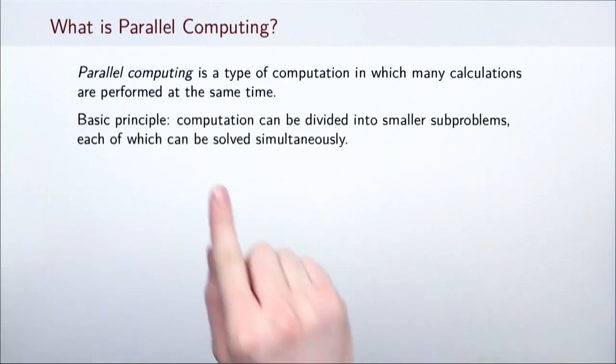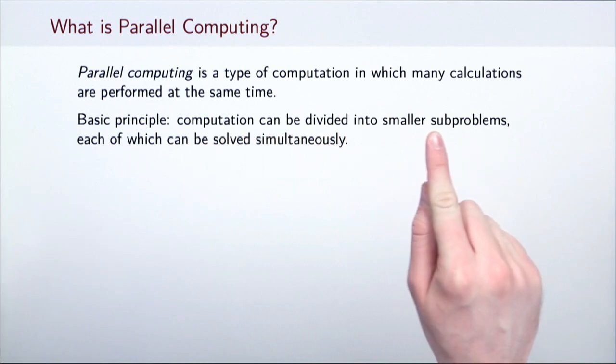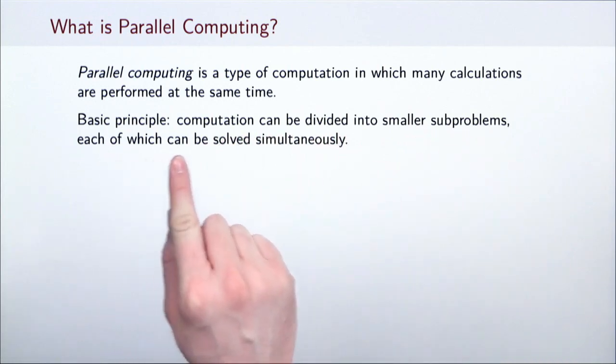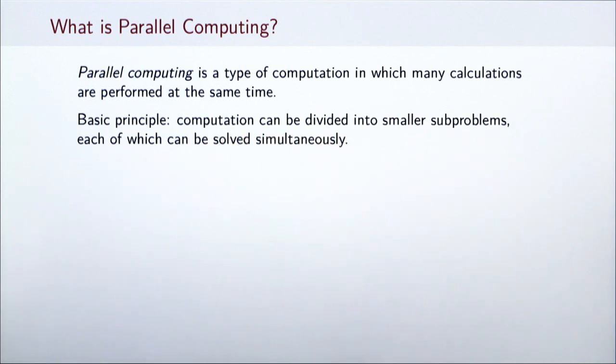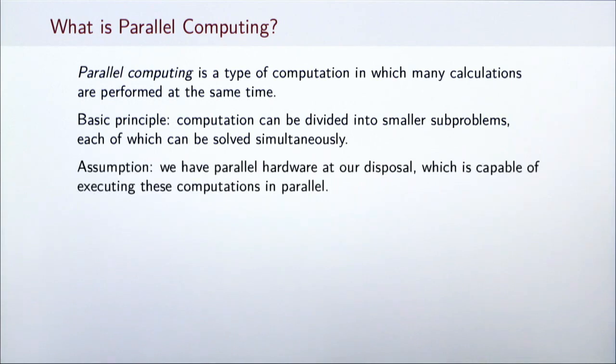A computational problem can be divided into smaller sub-problems, which can then be solved simultaneously. Parallel computing assumes the existence of some sort of parallel hardware, which is capable of undertaking these computations simultaneously, that is, in parallel.